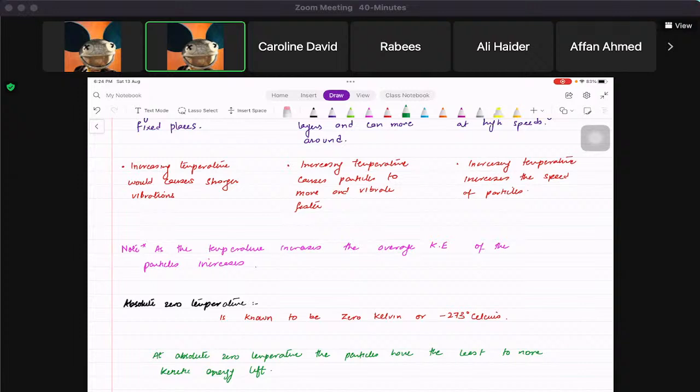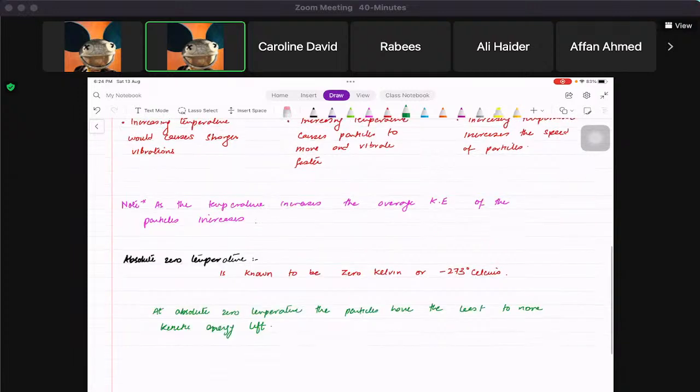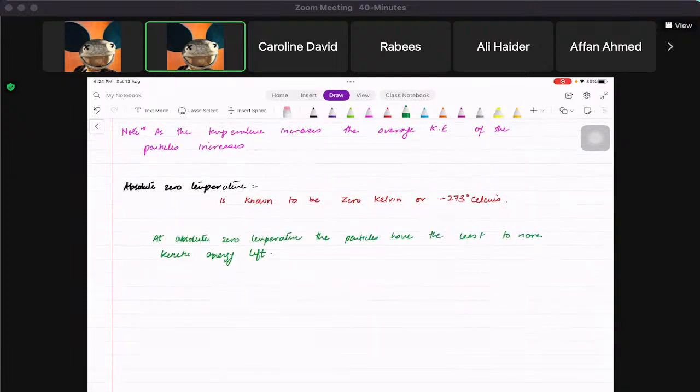Now, since we learned that it happens with temperature and other stuff, we can also look at things like pressure and what is basically happening when you increase temperature or you increase pressure, right?